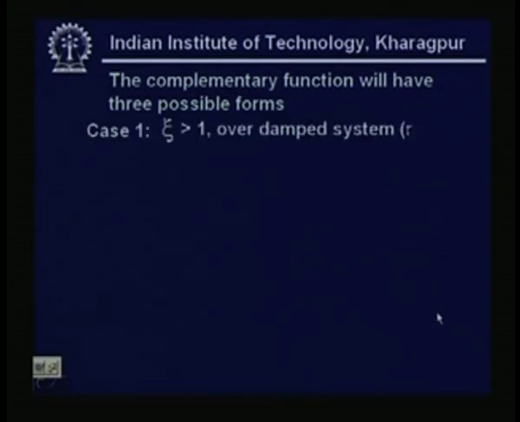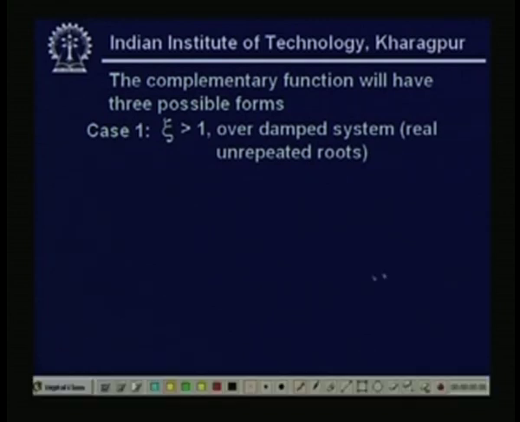Case 1, when xi greater than 1, is an overdamped system with real unrepeated roots. If you look at the sigma j omega plane, it will look like this: the roots will be real, unrepeated roots.